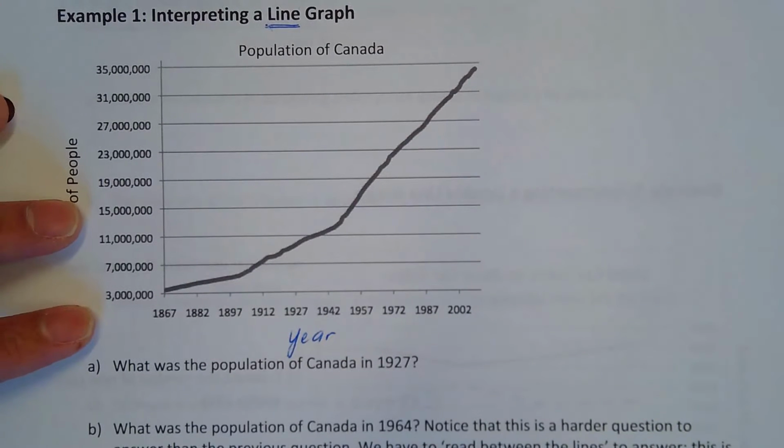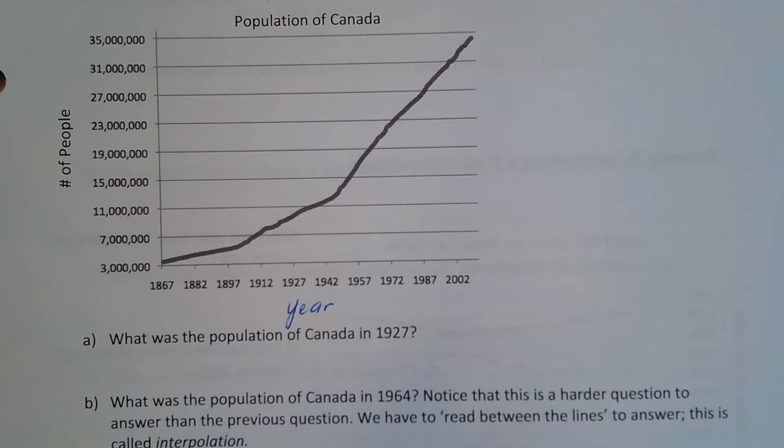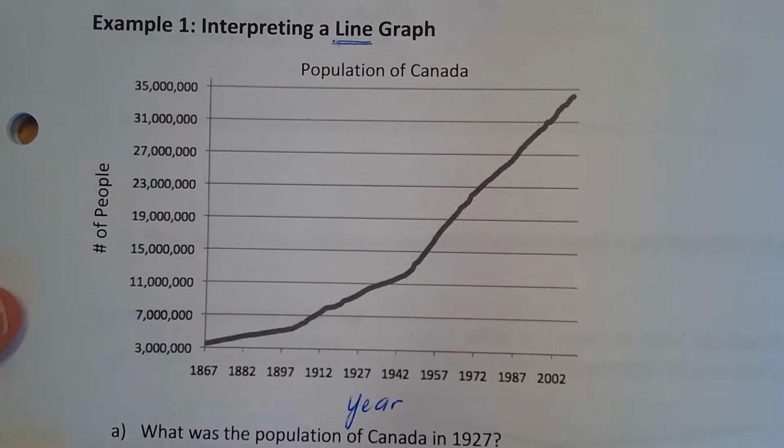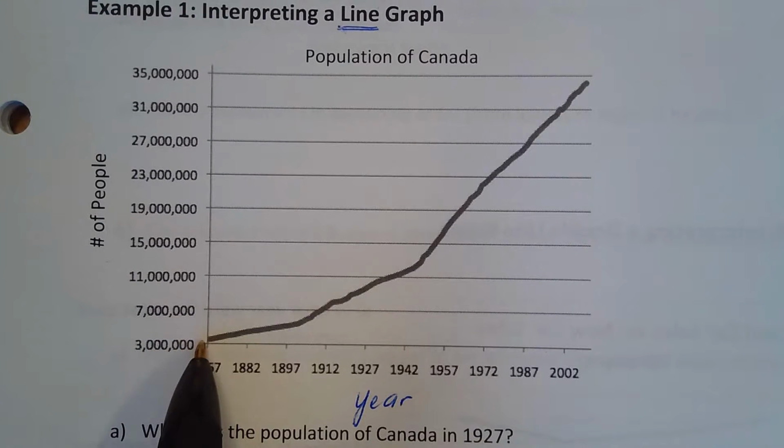So I'm going to ask you some questions in here. Okay? What is the population in the year 1867, approximately? Okay, approximately in 1867, what is the population? About 3 million, close to about 3 million, right?